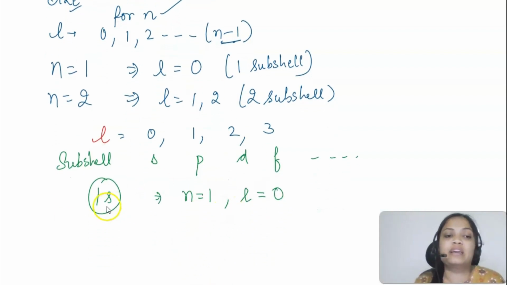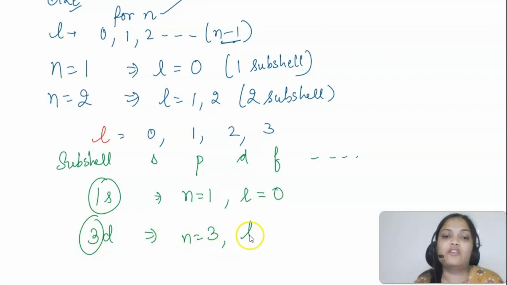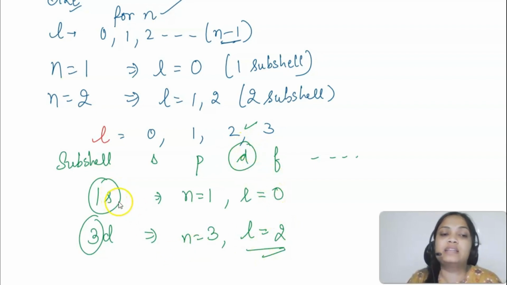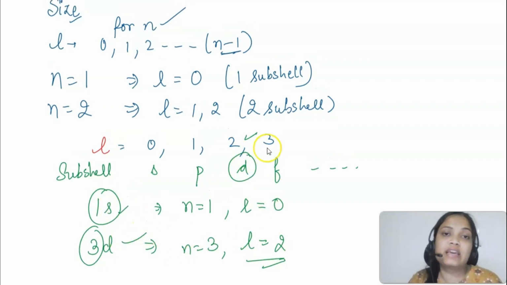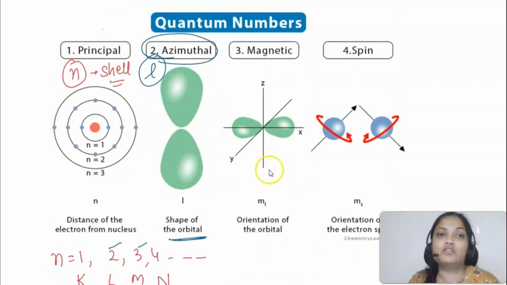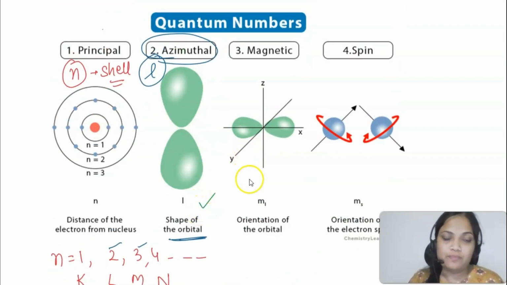If I have a 3d orbital, the value of n is 3 and the azimuthal quantum number is 2, because 2 corresponds to d. These s, p, d, f orbitals have different shapes that we will study. So the azimuthal quantum number tells us about the shape of the orbital.